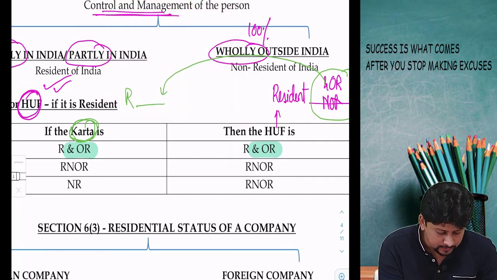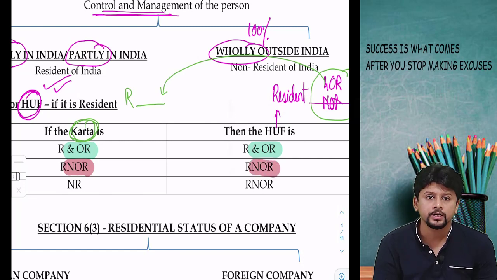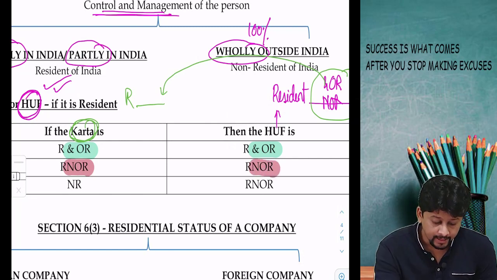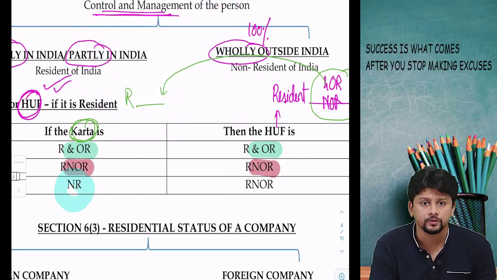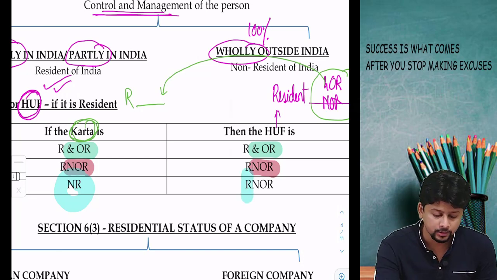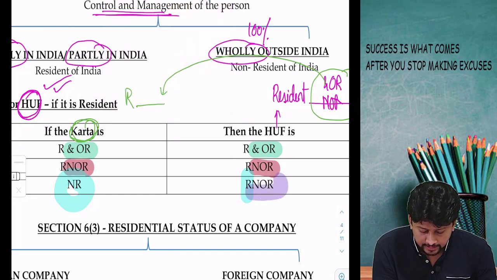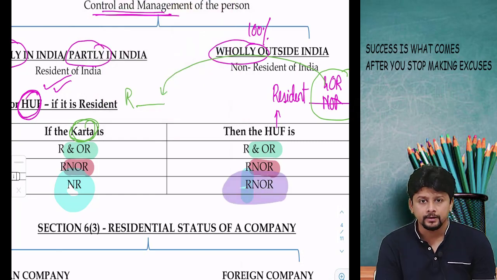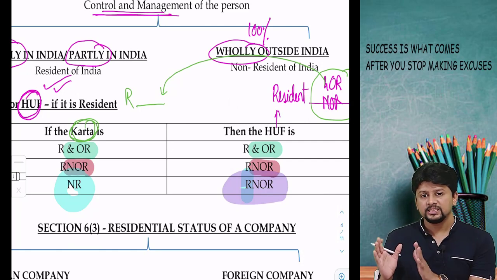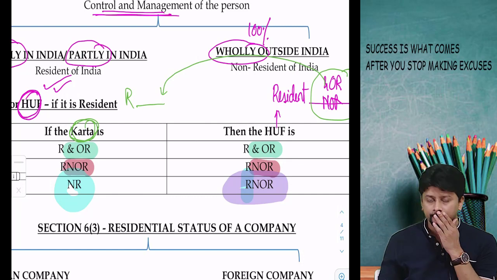If the Karta is not ordinarily resident, the HUF is also not ordinarily resident. By chance, if the Karta is a non-resident, that means there is no extra status for the Karta, but the HUF is a resident. Why? Because the control and management was partly in India. Then we will say the HUF is resident but not ordinarily resident. So the extra status of the HUF depends on the extra status of the Karta.